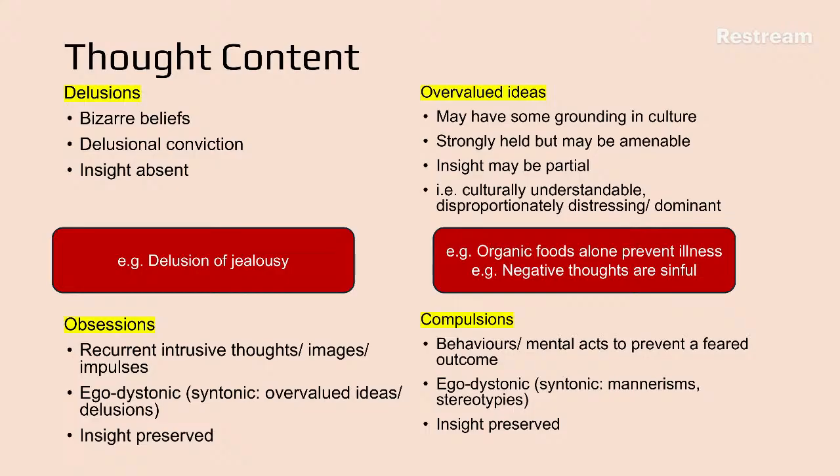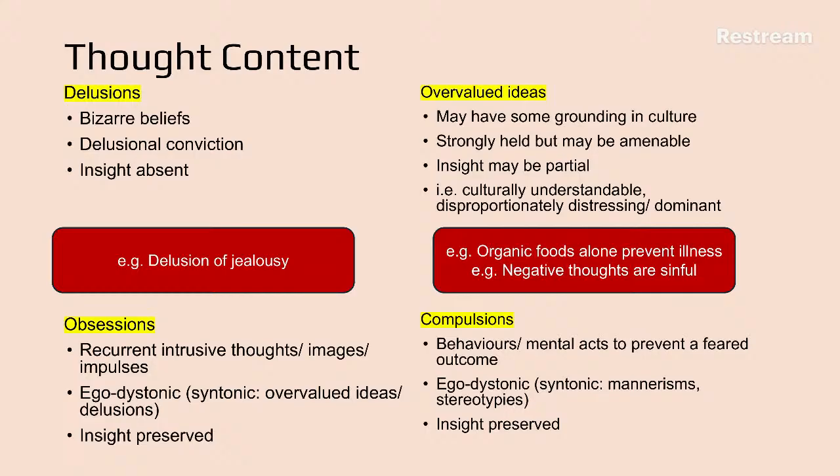Then we come to obsessions versus compulsions, right? These go more hand in hand, usually in the context of obsessive compulsive disorder or OCD. Obsessions are recurrent intrusive thoughts or images or impulses that come into the patient's mind. These are usually what we call ego dystonic. So the patient experiences them as distressing and does not want them.